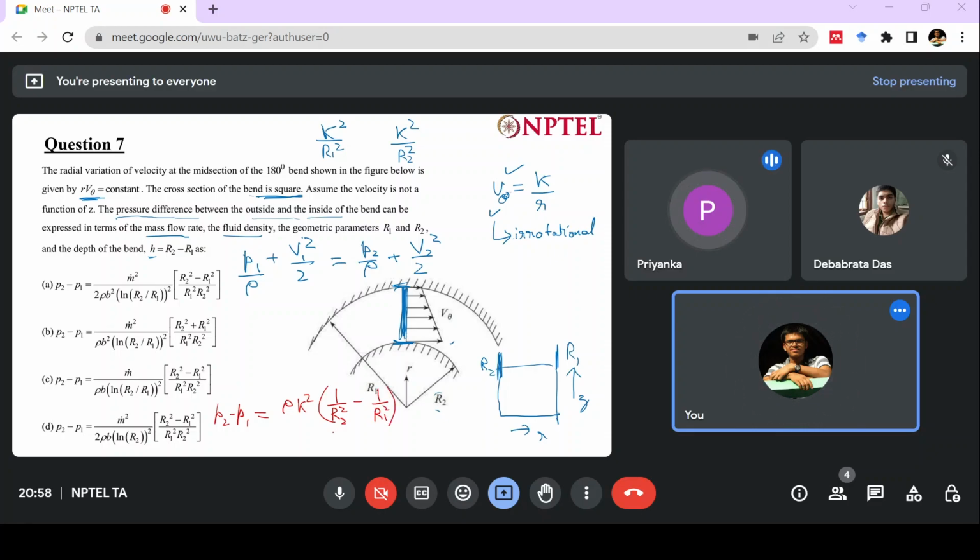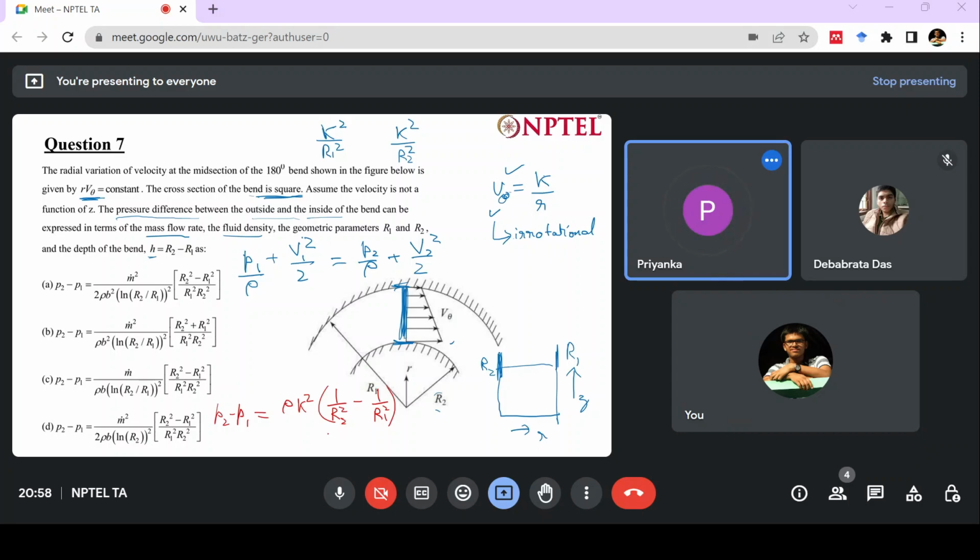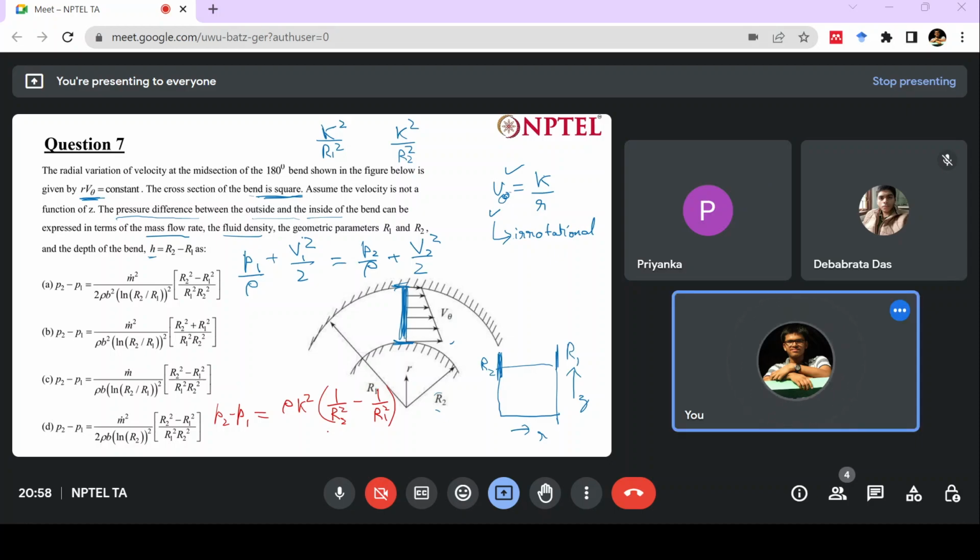So R1 square minus R2 square. That's correct. So this part is already in this.